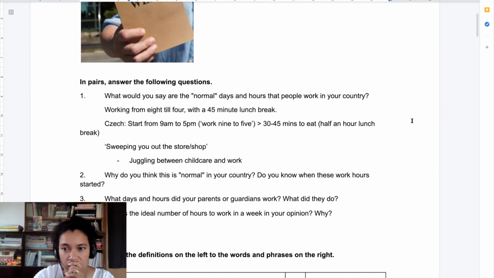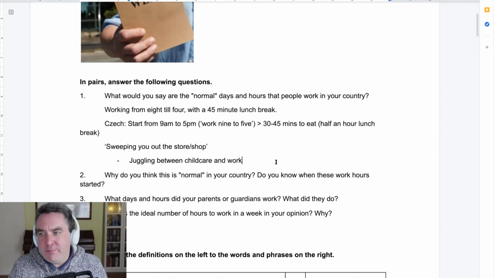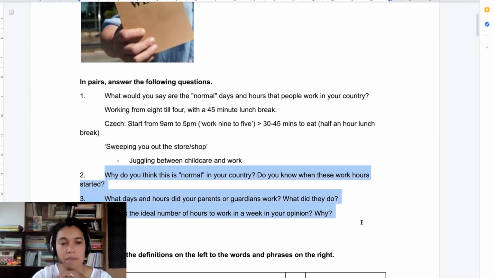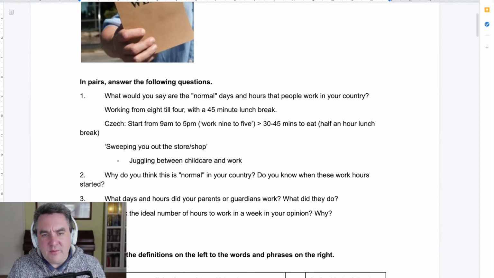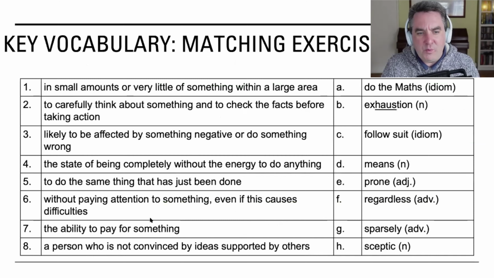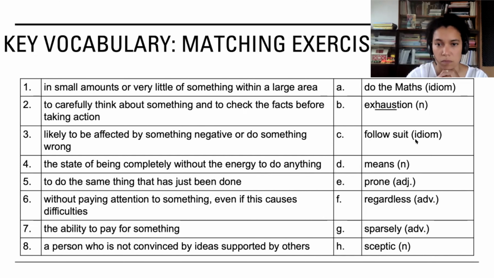Okay. All right. Now, because of our time, I'm going to leave the conversation questions 2 to 4, and we'll move on. What I've got here on the Google document, so feel free to have a look. What I'd like you to do is, we've got an idiom, do the maths to follow suit.